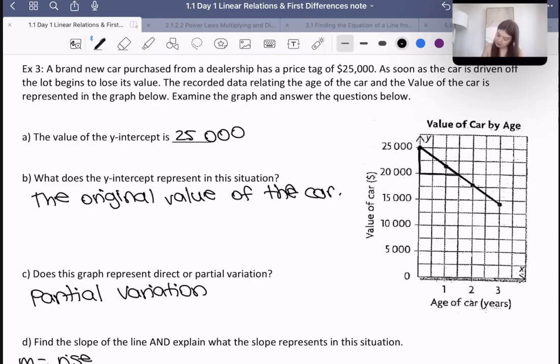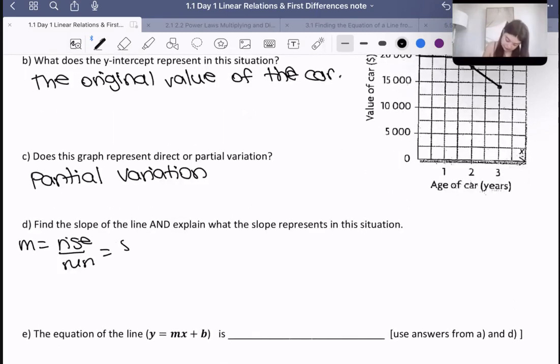Okay, so let's see, 5,000 over 1.5 is going to be, we're going to round to the nearest whole number, 3,333.